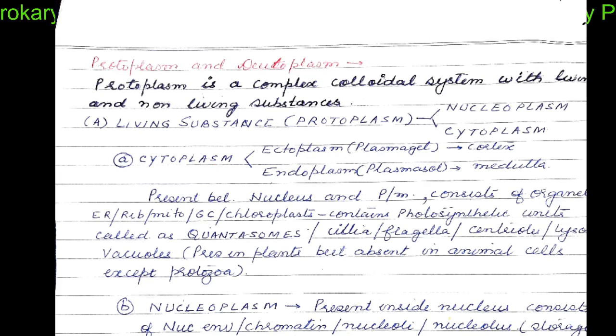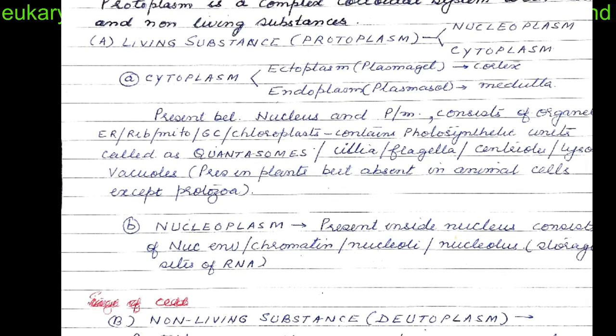The protoplasm is a complex colloidal system with living and non-living substances contained therein. The living substance is divided into nucleoplasm and cytoplasm, the part of protoplasm inside the nucleus being nucleoplasm, and outside the nucleus being cytoplasm.